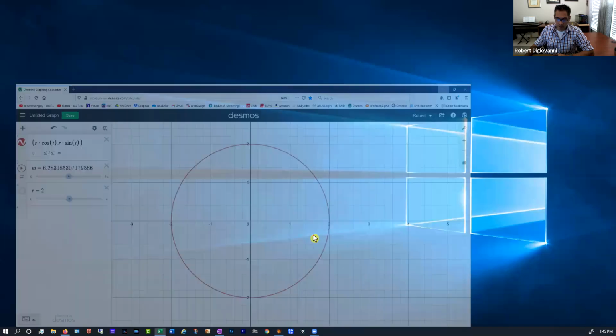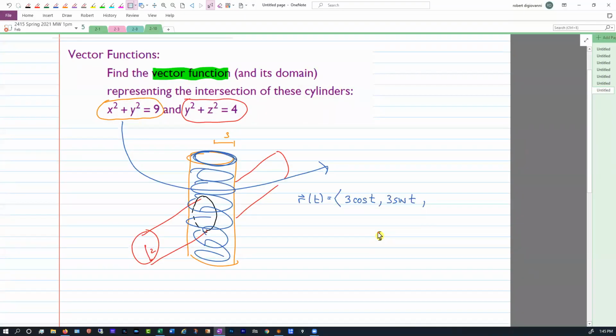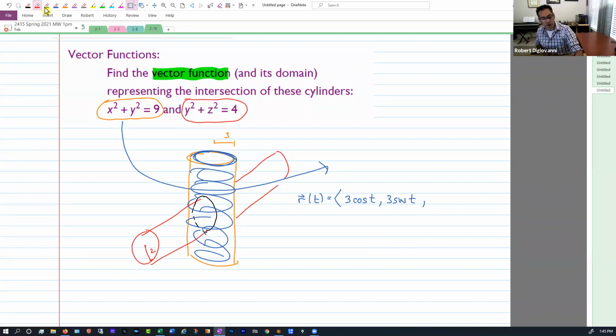So can I assist? I'm just going to assist a little bit here. Go for it, my man. Okay, so look, separate thought. Take this equation right here. Don't we want to know what the Z needs to be? The X is going to be 3 cosine T. The Y is going to be 3 sine T. The only thing we don't know is what our Z is going to be.